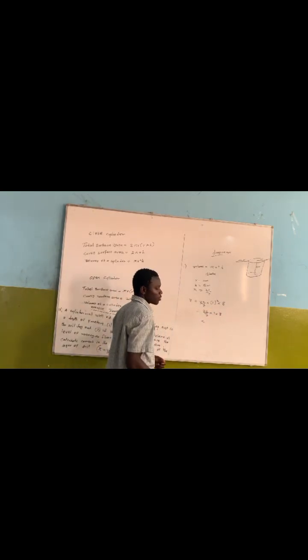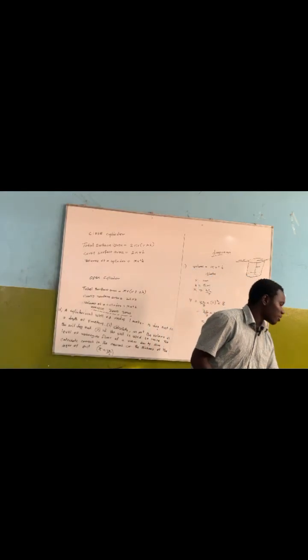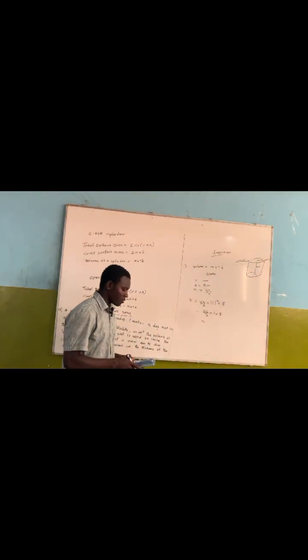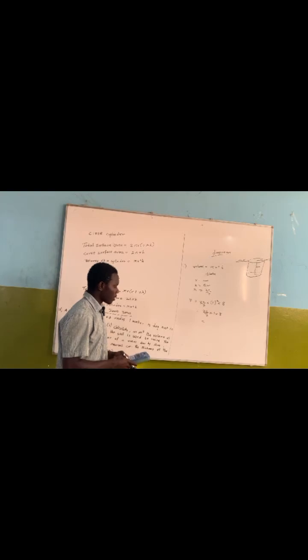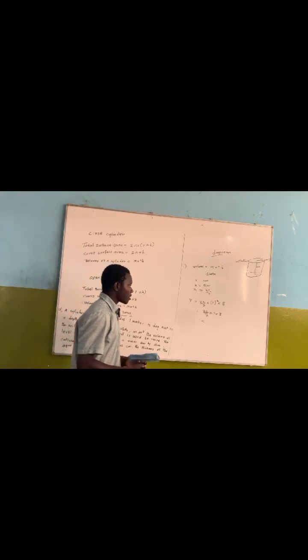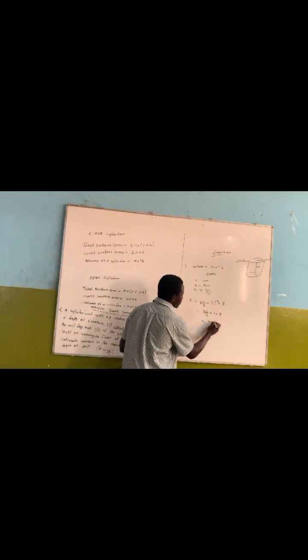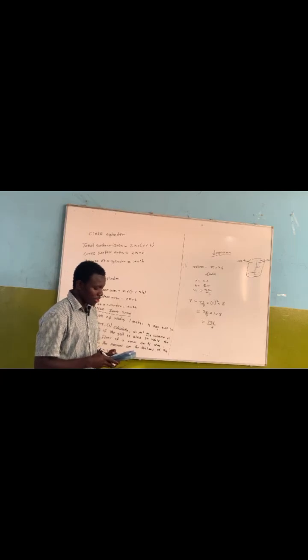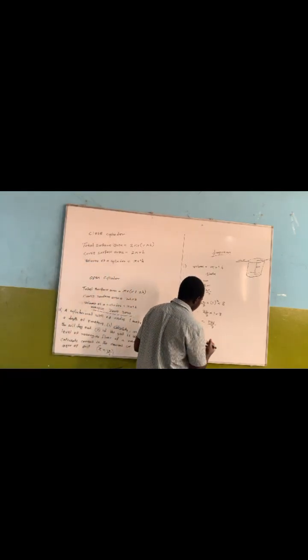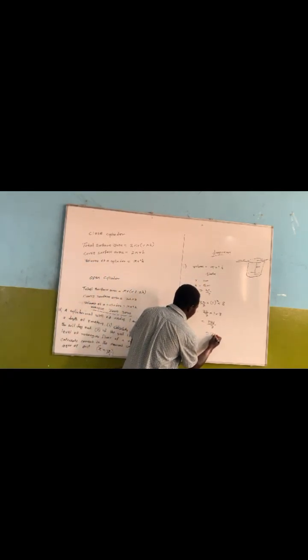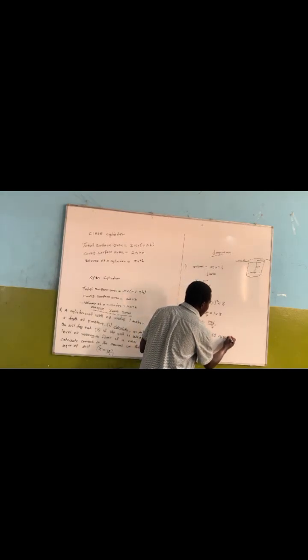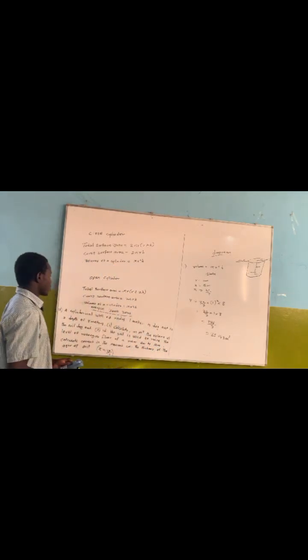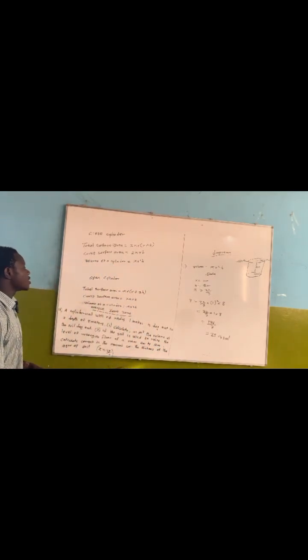If I use a calculator to multiply it together, we have 22 times 1, then times 8, we will have 176 all divided by the 7, which in a calculator will give us 25.143 meter cube.